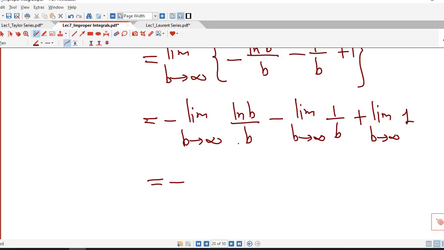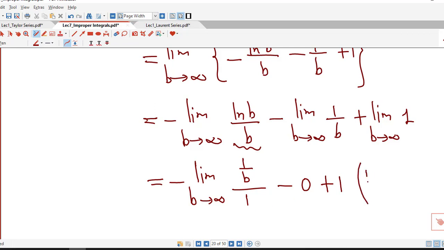Now if we put b tending to infinity here, log infinity by infinity, so this is an infinity by infinity indeterminate form, so we can apply L'Hospital rule. Derivative of log b with respect to b is 1 over b, and derivative of b with respect to b is 1. Here we have 1 by infinity, that is 0, and the limit of a constant is the constant.